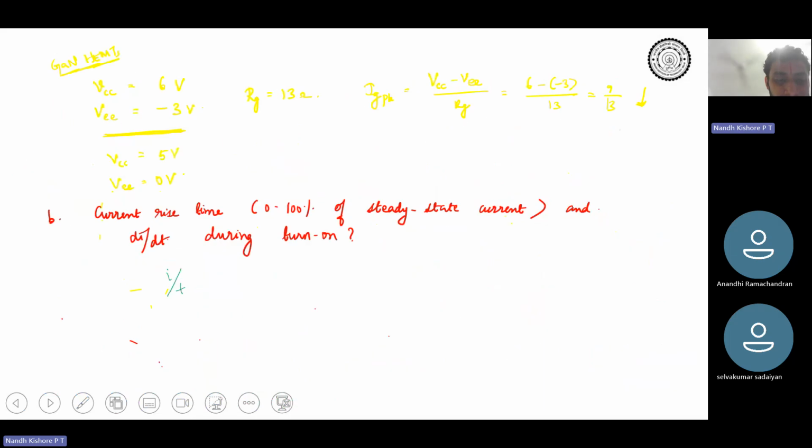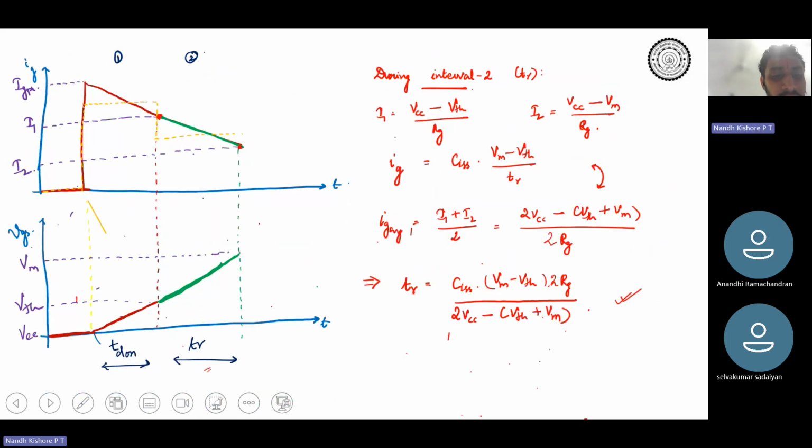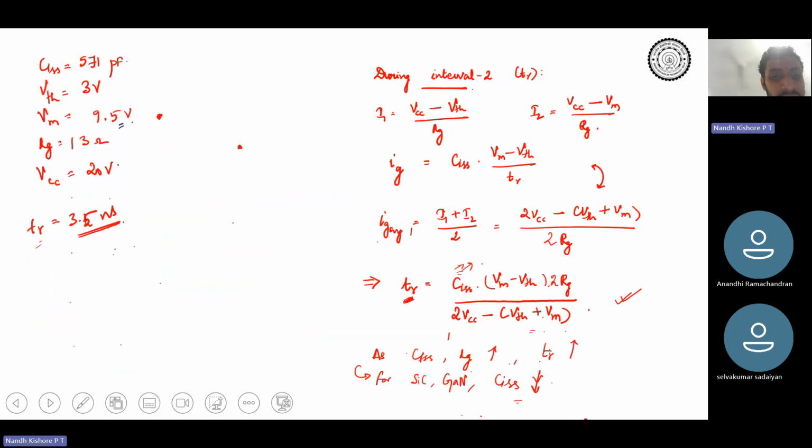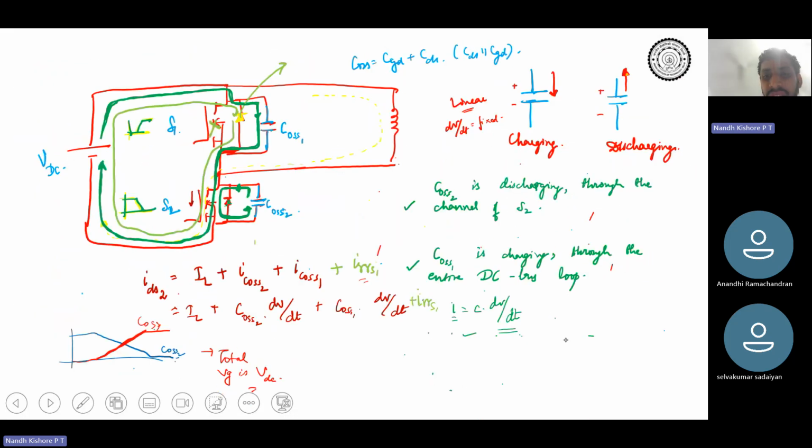But now we see that only during the voltage fall period, gate current is flowing through CGD. So let us just quantify what this is.